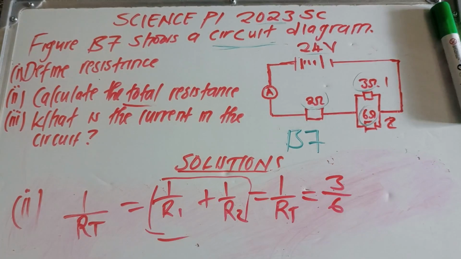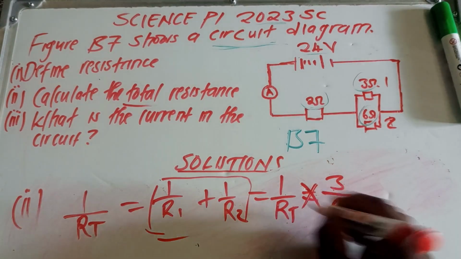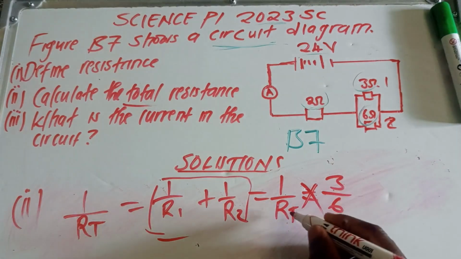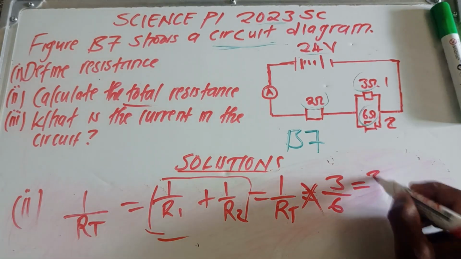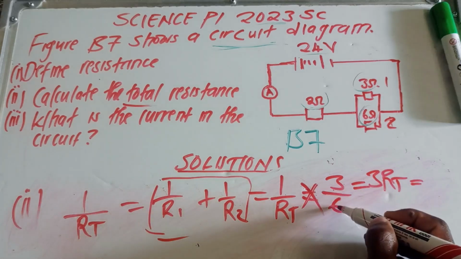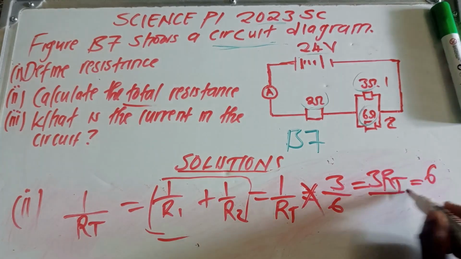Having done this, we are just going to cross multiply these numbers and letters. So this one times this one: we have 3 times the total resistance, then 6 times 1, which is 6.